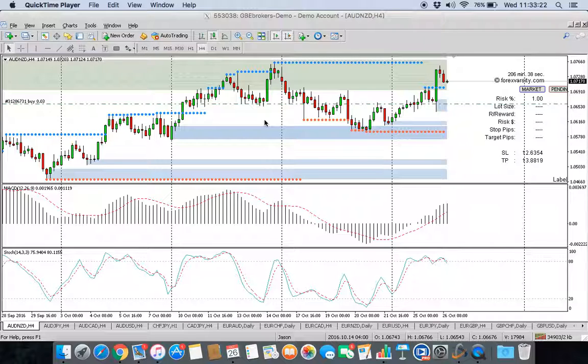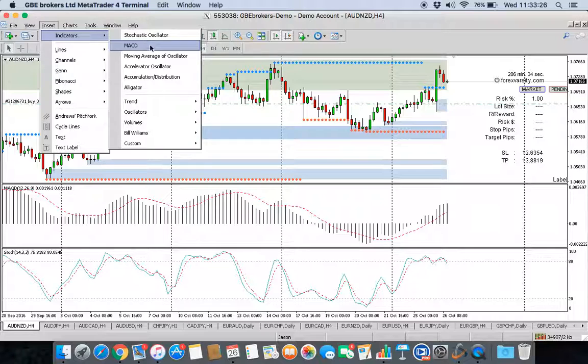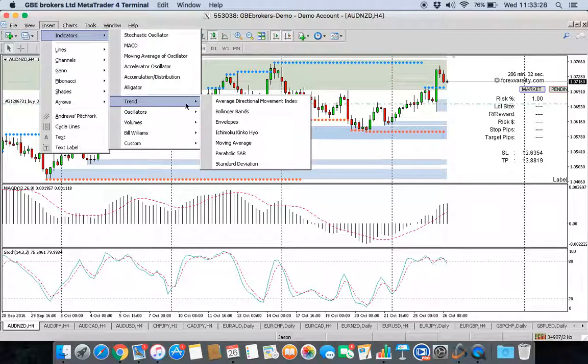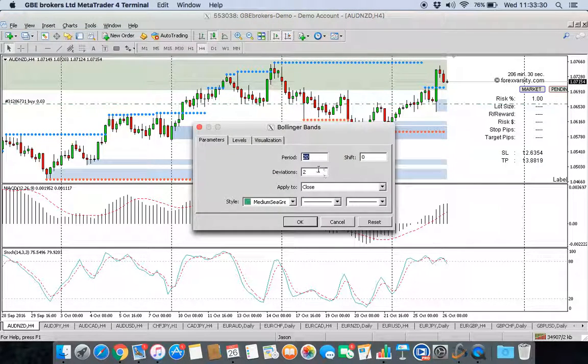So the Bollinger Bands, guys, you can insert them with me here: Indicators, Trend, Bollinger Bands. I know that you guys already have it on your chart, but you've got 4 Bollinger Bands, so you've got 1, 2, 3, 4, and then 2 median lines, that's a middle line.